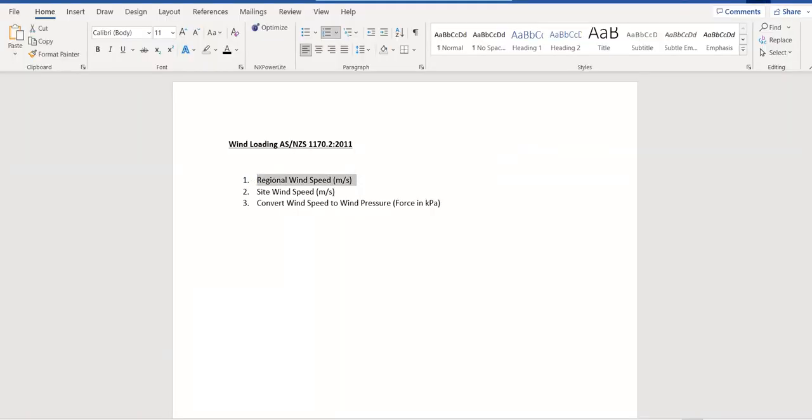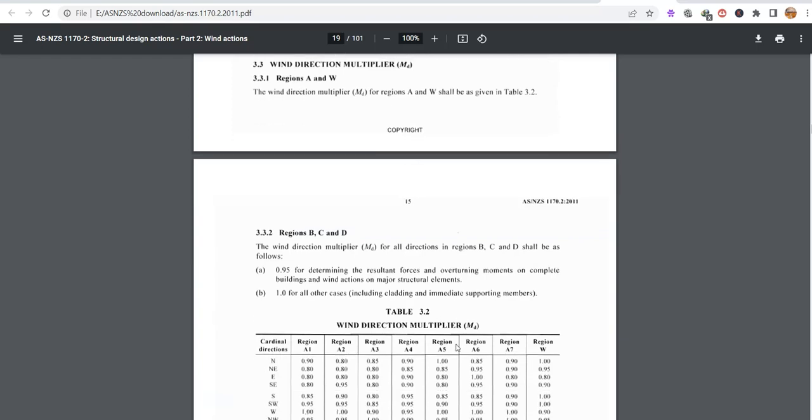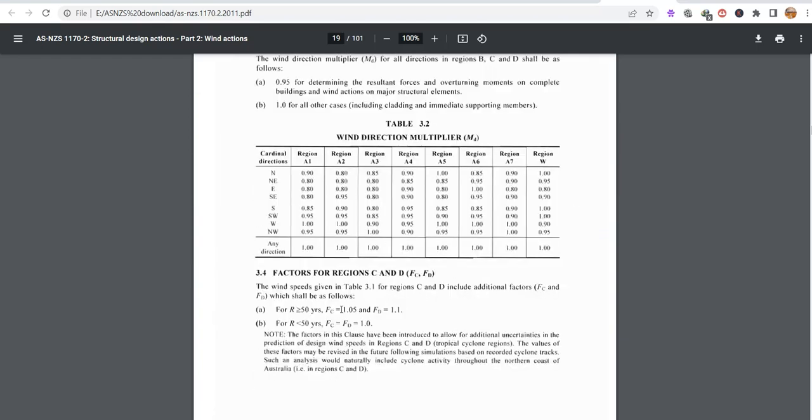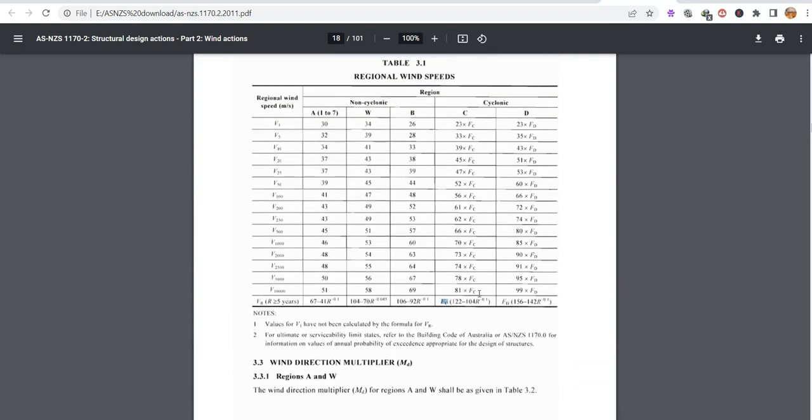regional wind speed. So I'm going to use this formula, Fc, which I've already found the value, which is here 1.05 for ultimate limit states and 1.0 for serviceability limit states. Got it. So 1.05 times 122 minus 104 times R, that is the occurrence probability, which in this case I have 525.